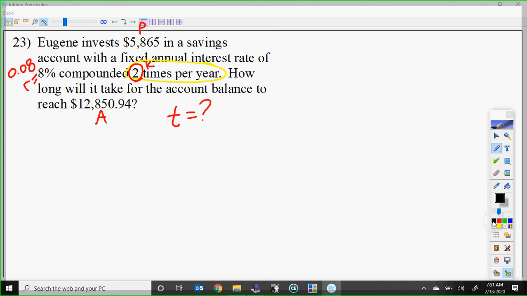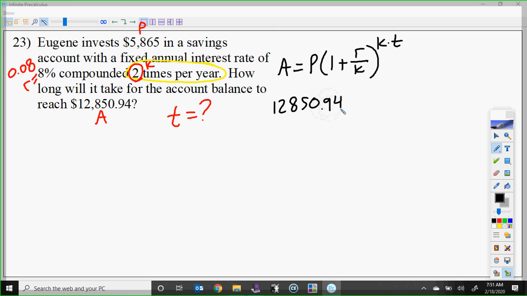So let's write out what we have. Sorry, I should write out my formula first. We have A equals P times (1 plus r over k) to the power k times t. All right. So now my A is 12,850.94.